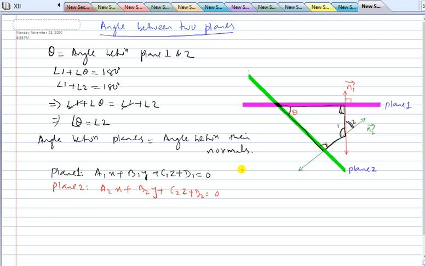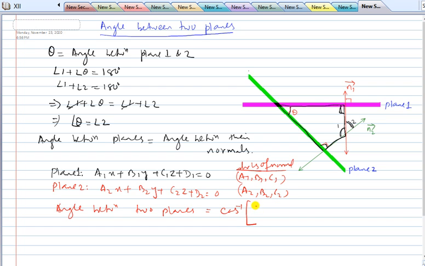Therefore the angle between two planes will be equal to cos inverse, since I am taking the normal, the DRs of the normals will be a1 b1 c1, and the DRs will be a2 b2 and c2.